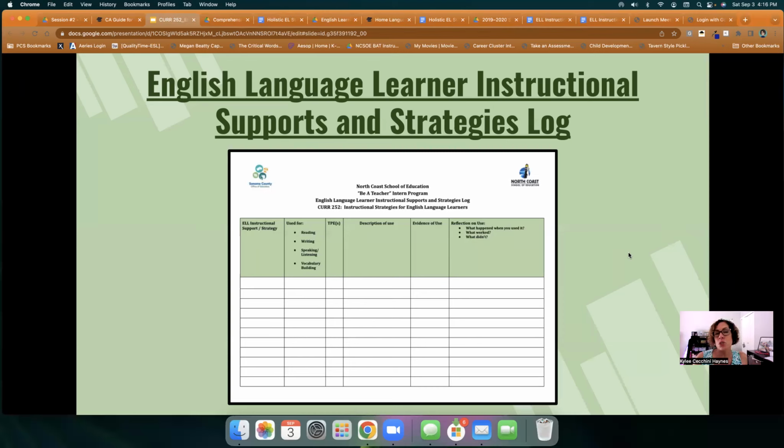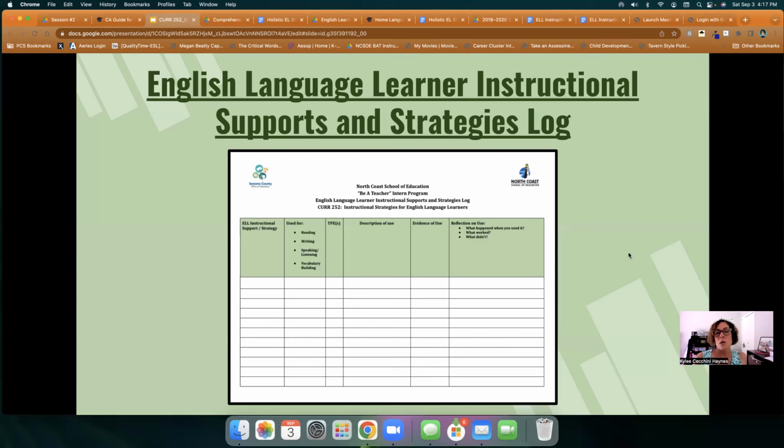Because as I mentioned in session 1, all our students are English language learners. We are all English language learners. We don't have a complete command of our language. We learn new words, we learn new things about our language. We also are English language learners.